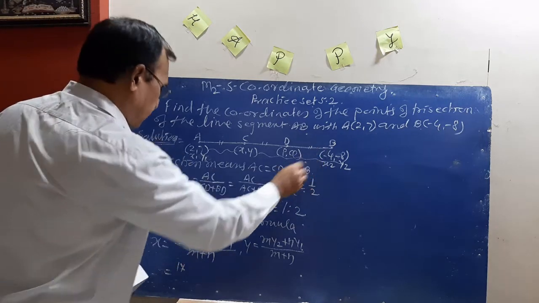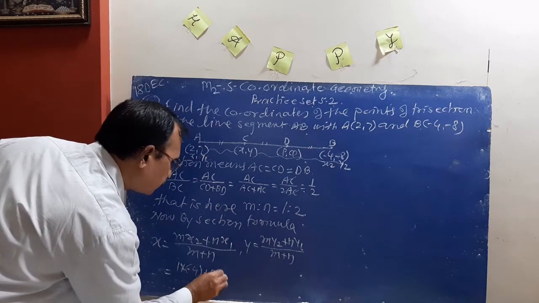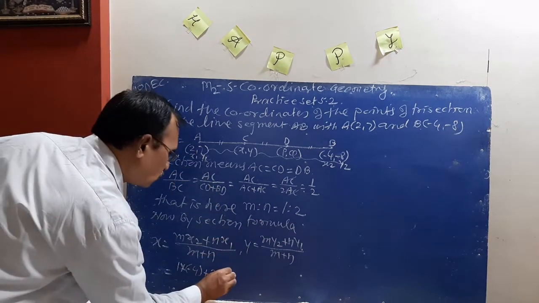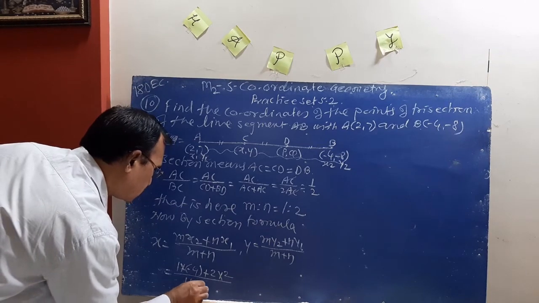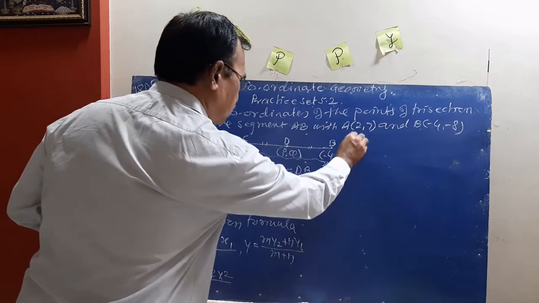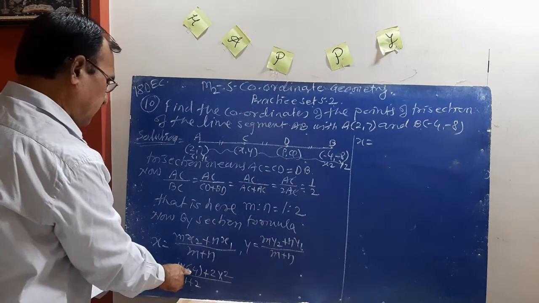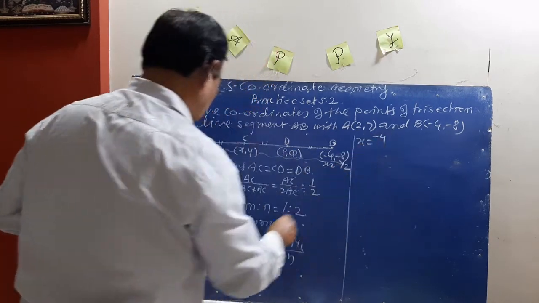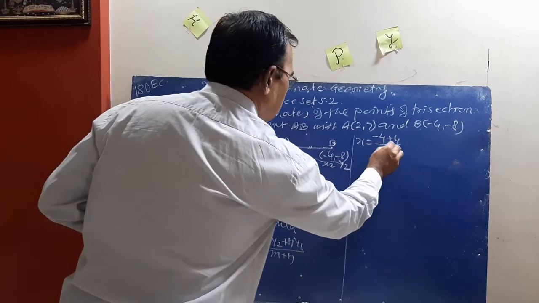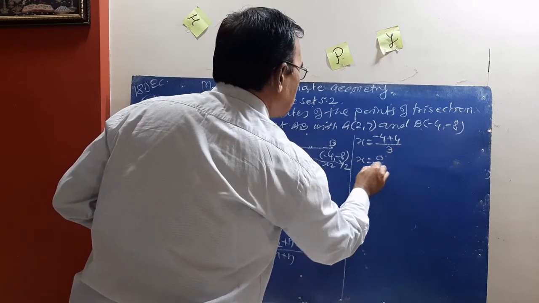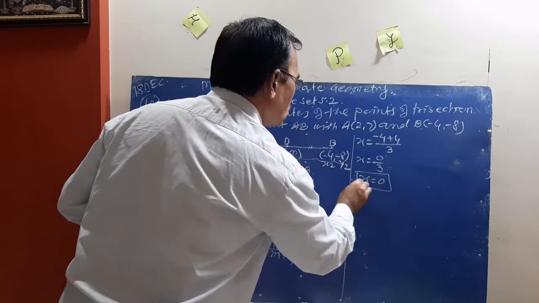So 1 into x2, x2 is -4, written in brackets, plus n is 2 into x1 which is 2, divided by m plus n, that is 1 plus 2. x is equal to 1 into -4 is -4, then 2 twos are 4, divided by 1 plus 2, 3. x is equal to 0 upon 3, and 0 upon any number is 0. Therefore, x is equal to 0.